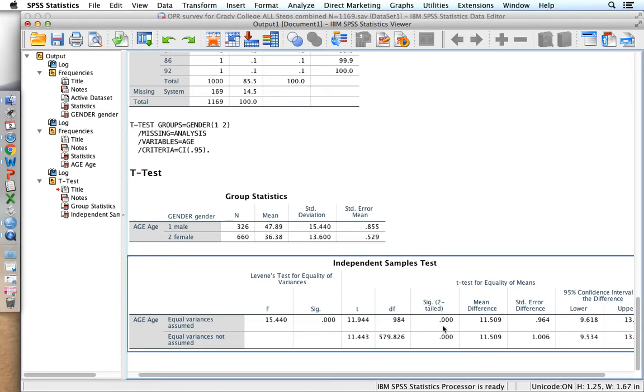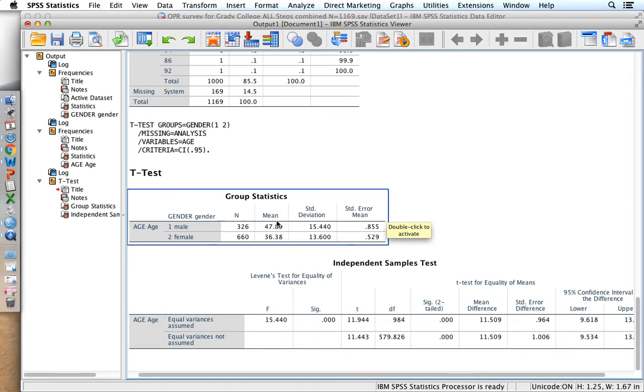Now that I know the difference is statistically significant, I look at my scores and see that the average age of men in this group was 47.89, and the average age of women was 36.38. So I would be able to say that the women in this group were significantly younger. Notice I mean significantly in the way of statistical significance, not that it was important that they were younger. So be very careful with your language there.